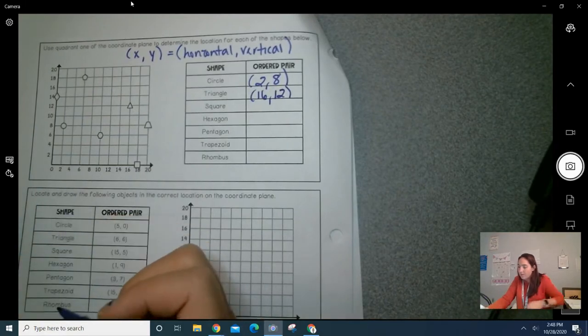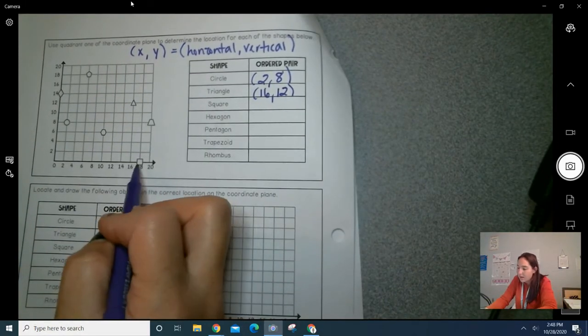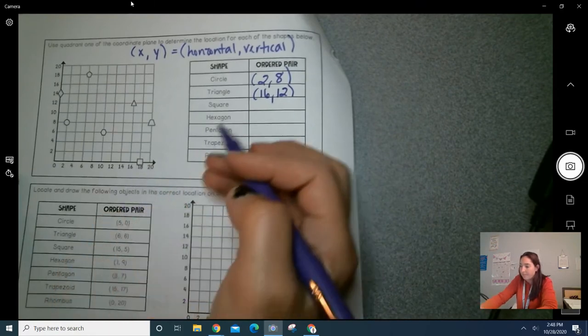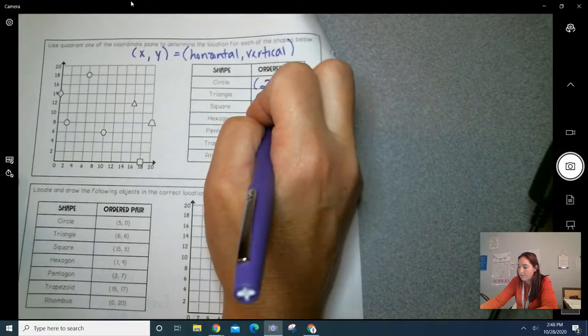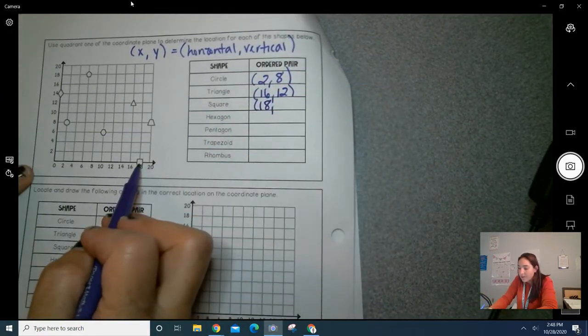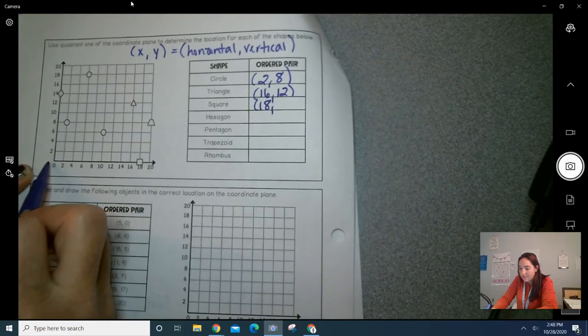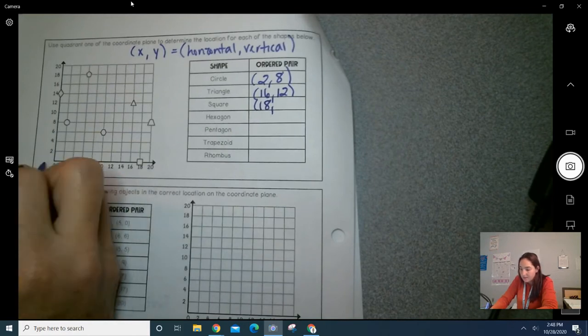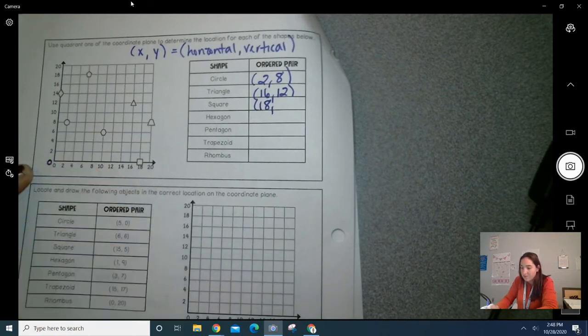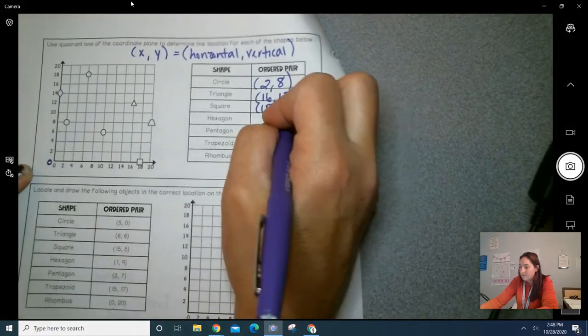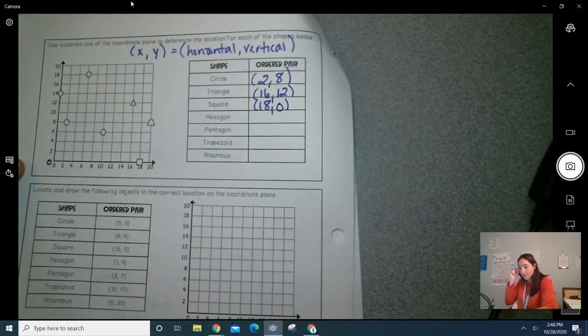Now let's look at the square. The square on the horizontal axis is at 18. So that's the first number we put. On the vertical axis, our square is at 0. As you can see over here, this is 0. So the ordered pair for the square is 18, 0.